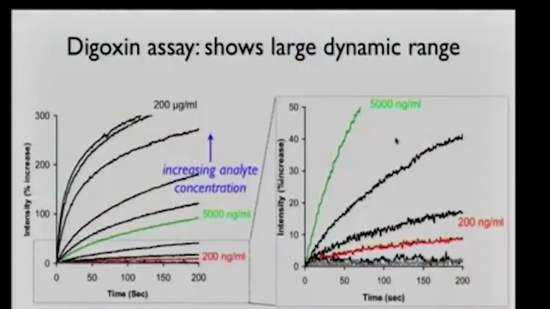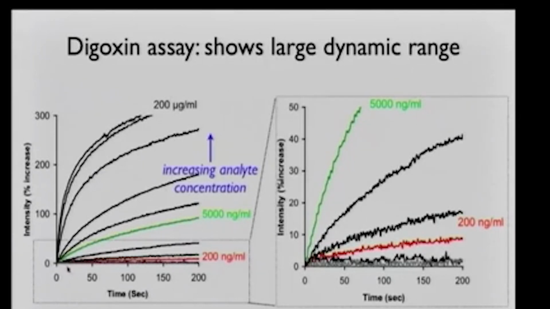Welcome, Cynthia. Thank you. Okay, here I'll just show you an example. Here's an assay. These are results from an experiment in this setup that I showed you earlier, that little prototype. So basically looking at the intensity of light as a function of time as we introduce anti-digoxin to bind to digoxin, which has been immobilized on the glass surface.